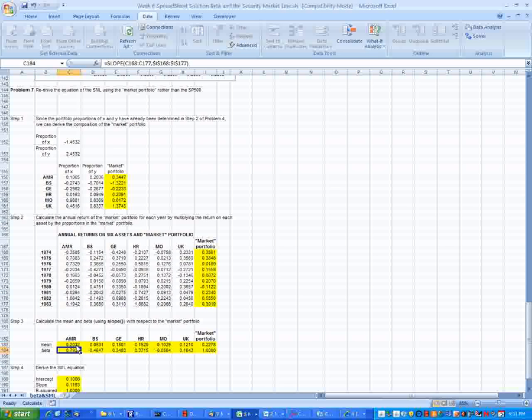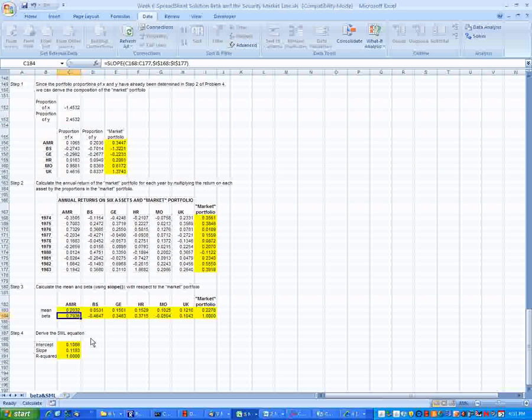And we get our expected means and expected betas for each and every one of our companies, AMR, BS, all the way to UK. And then what we do is we calculate our intercept, we calculate our slope, and we calculate our R squared, and we now find a perfect R squared, an R squared of 1.